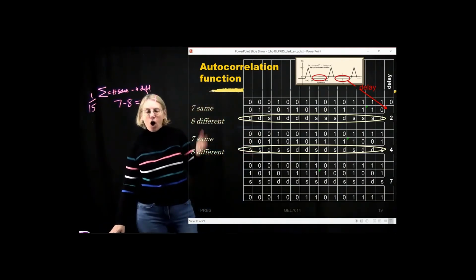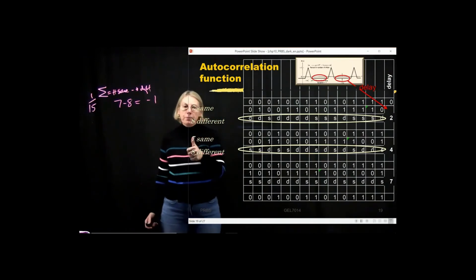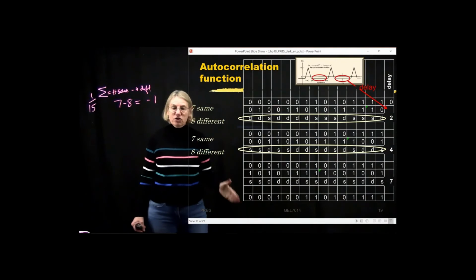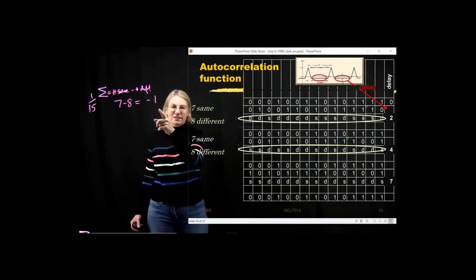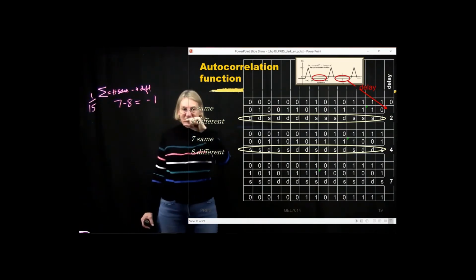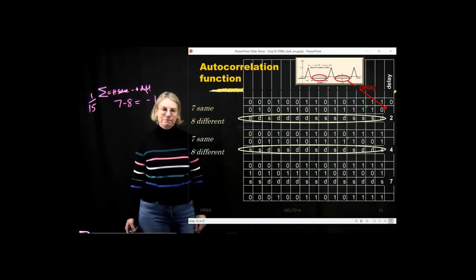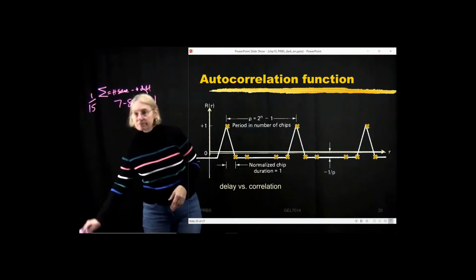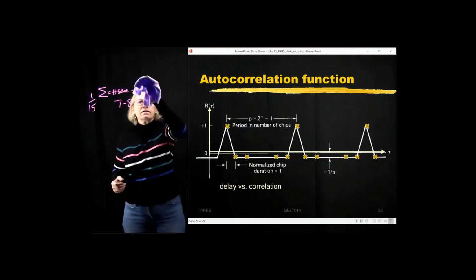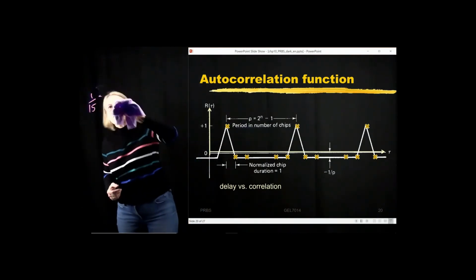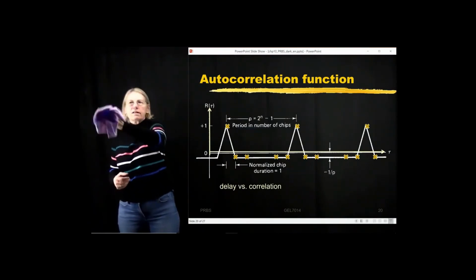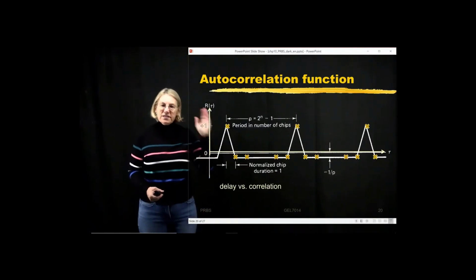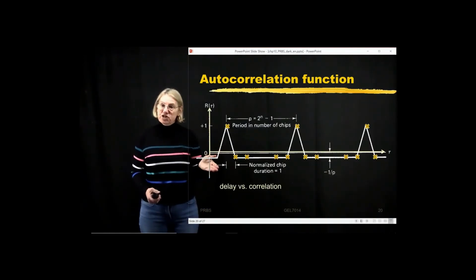But for all of the other ones, this great property of this maximal length sequence is that for all the other shifted versions of itself, I'm going to get -1 divided by 15, a very small negative number. So this is a plot of that autocorrelation function.